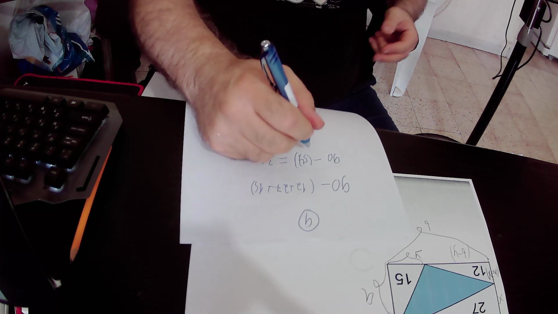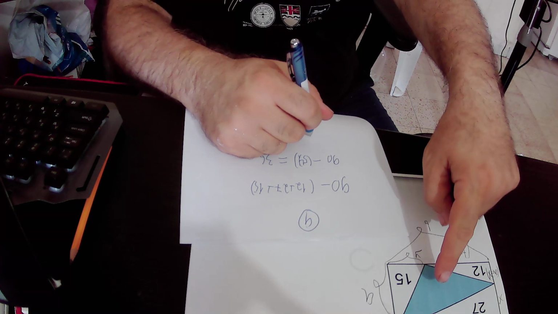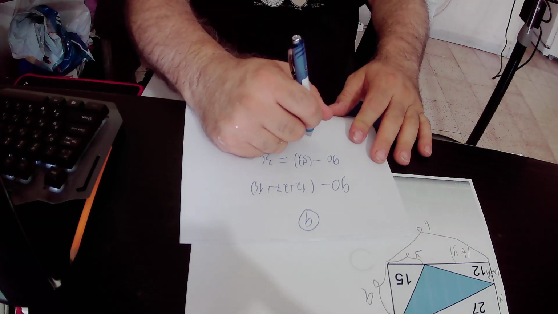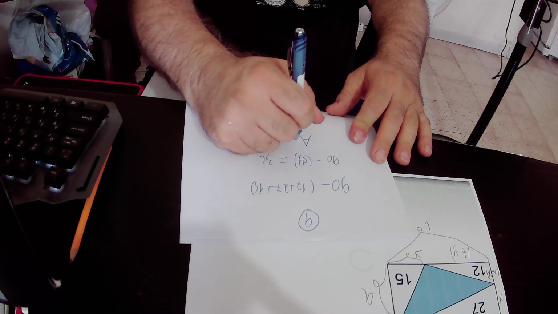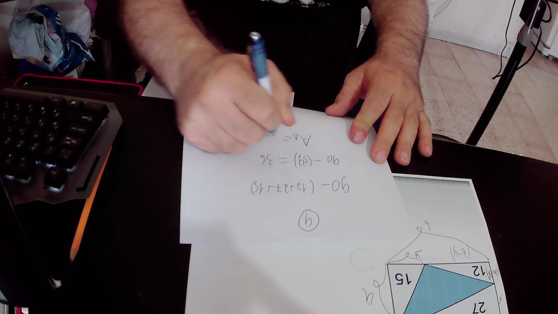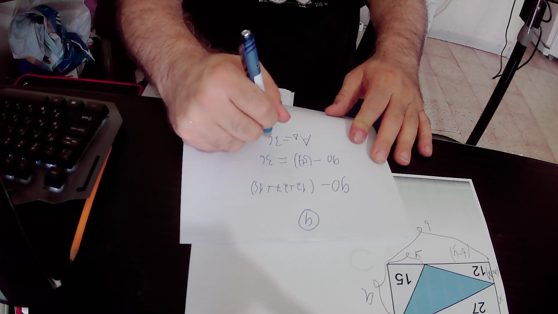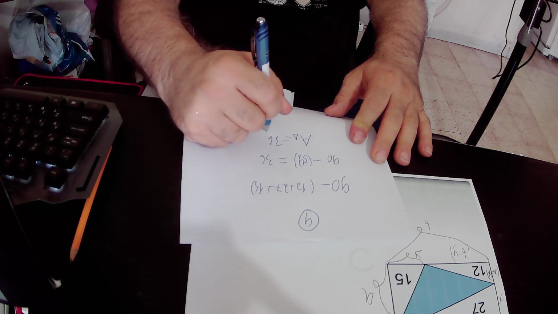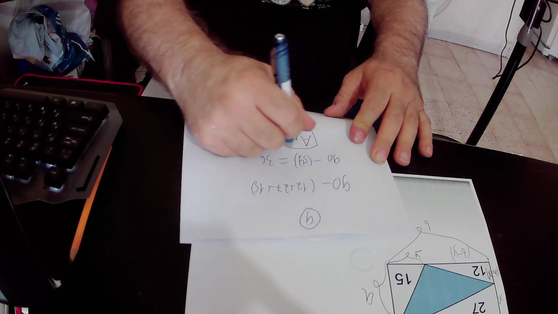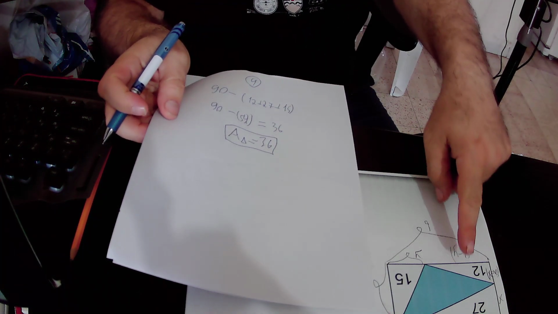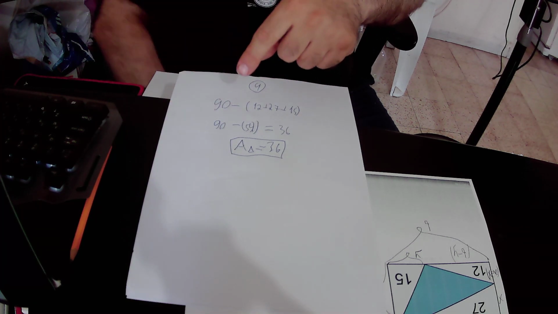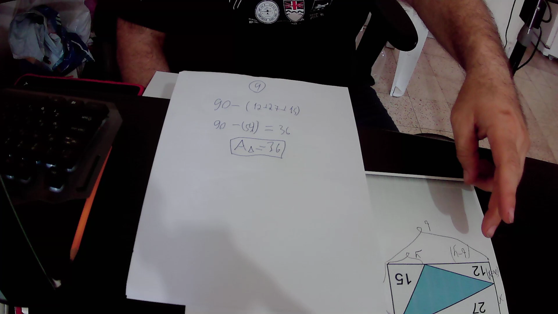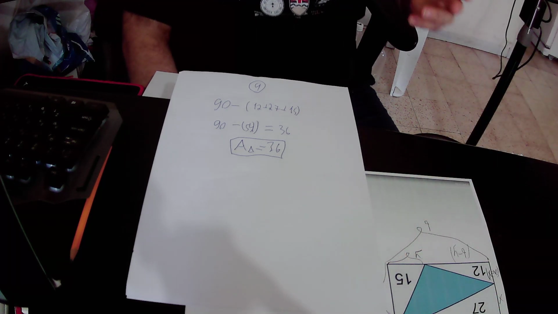So the area of this blue triangle equals 36 units. Okay, the area of the blue triangle is the area of the rectangle minus the sum of the areas of the three right triangles.